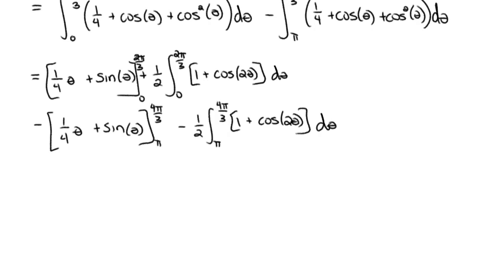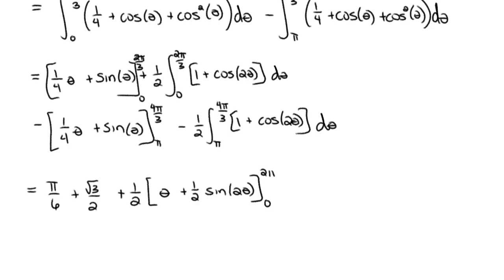All right, finishing this out, let's see, plugging in 2 pi over 3, we will get pi over 6 plus root 3 over 2. And then if you plug in zeros there, they disappear. So plus 1/2 theta, plus 1/2 sine of 2 theta, from 0 to 2 pi over 3.